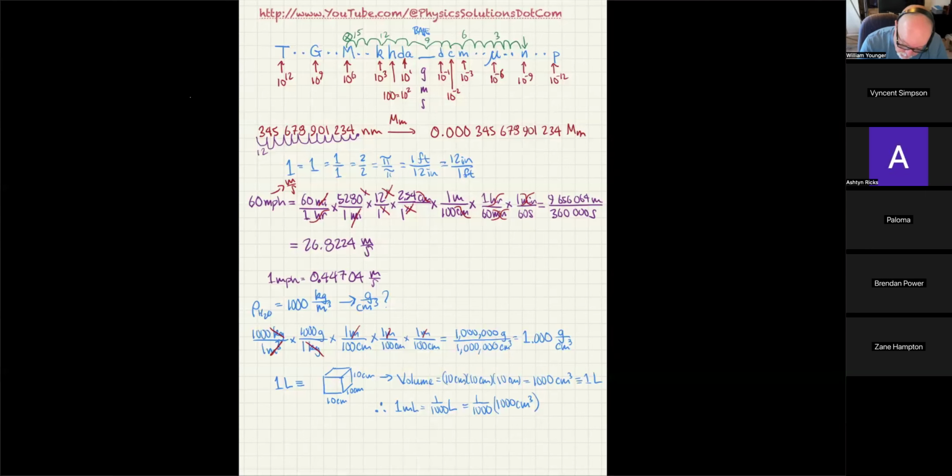Notice I just used this fact right here: 1,000 cubic centimeters is equal to 1 liter. There's the 1 liter, there's the 1,000 cubic centimeters, and I used the fact that a milli is 1/1000th. So now what we see is that 1 milliliter is exactly equal to 1 cubic centimeter.